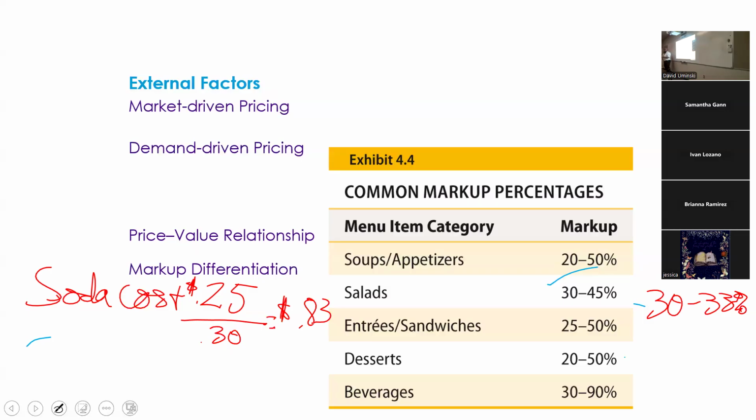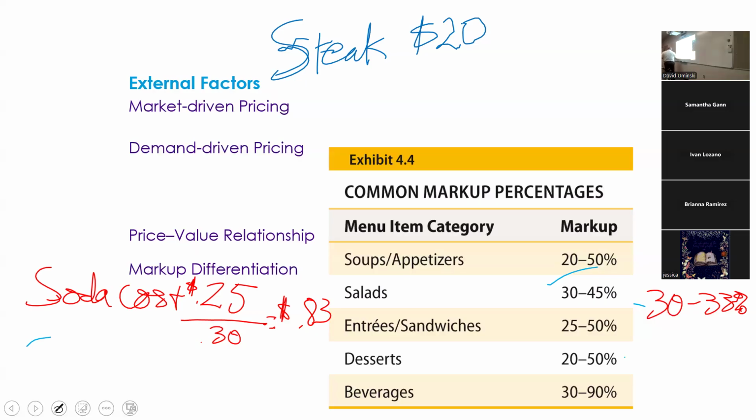Now, let's reverse that. And let's talk about steak. I like steaks. Okay? Let's talk about steaks. That steak maybe costs us, let's say it costs us $20. Okay? That steak costs me $20 as a restaurant. Okay? Take that back.